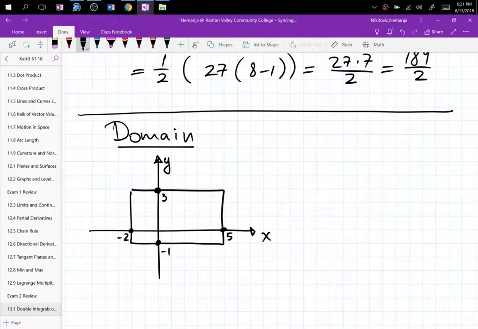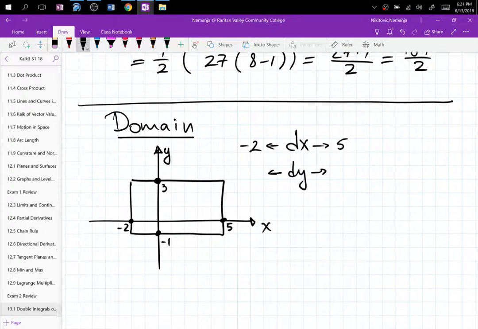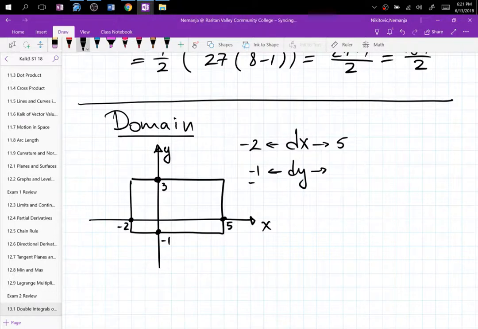So dx is in between -2 and 5. And dy is in between -1 and 3.